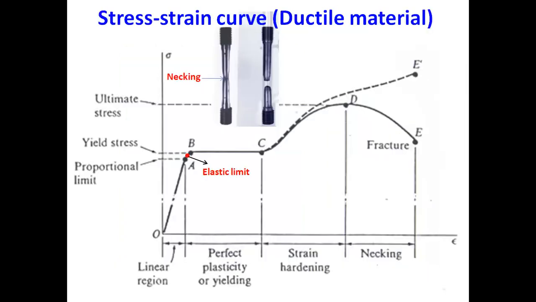So this is the stress strain curve for a ductile material such as steel or mild steel. Along the horizontal axis we have strain, which is denoted by epsilon, and along the vertical axis we have sigma, which is the normal stress, and this is the origin O. When there is no loading, there is no strain, no deformation.